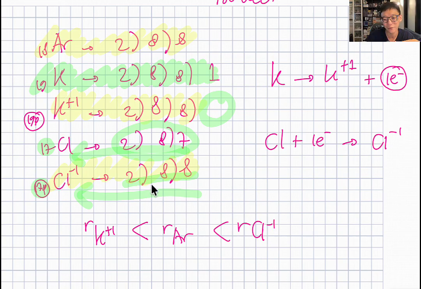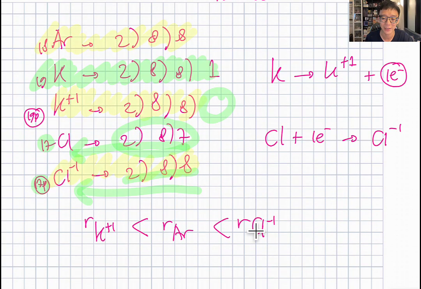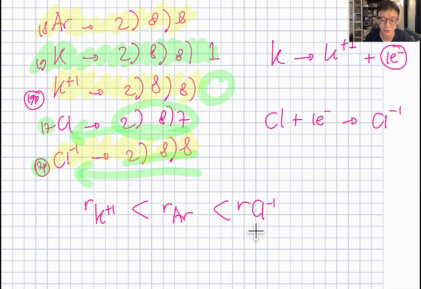So these 18 electrons would stray a bit farther, as it is maintained by the same number of protons. Technically, a positive ion is smaller than the normal atom, while a negative ion is larger than the normal atom. So these are the ionic radius in comparison to atomic radius.